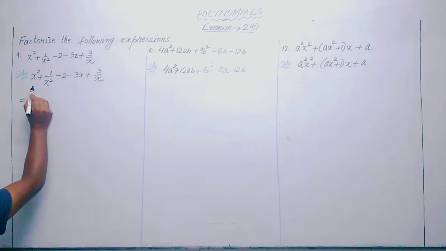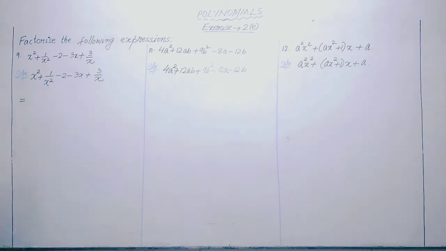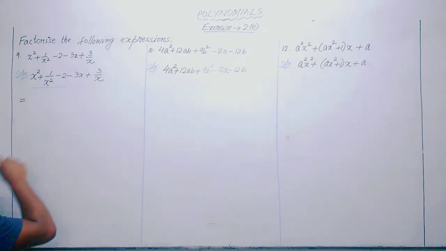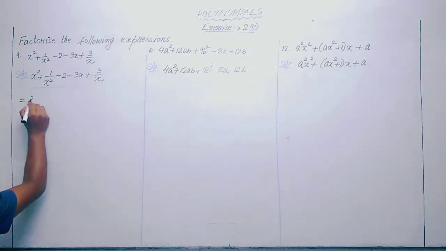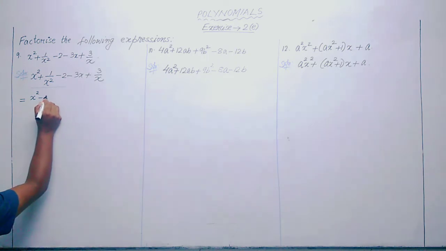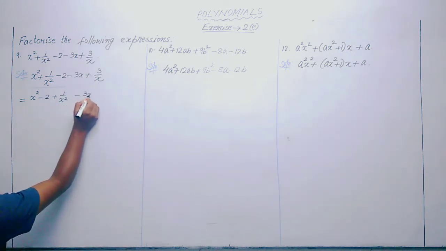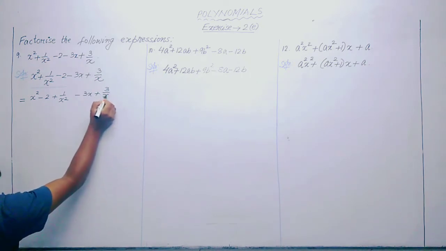Now if you look at these 3 terms very carefully, can I write this term like this? X square minus 2 plus 1 by x square minus 3x plus 3 by x.